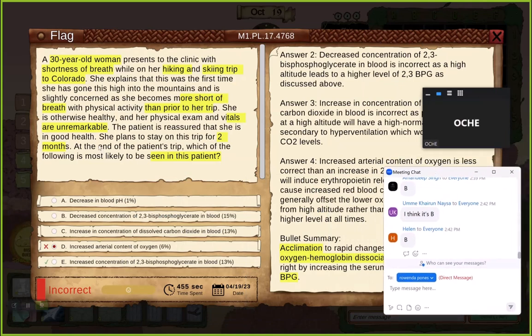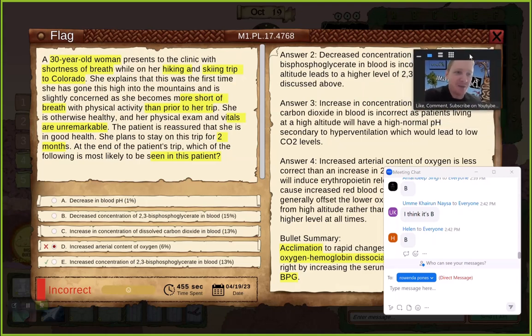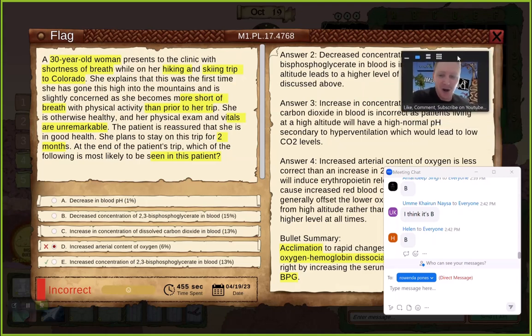Yeah, and look, we get people from all over the world, and I don't know if English is your first language or not. Sometimes people have difficulty with that. It sounds like your English is really strong, but this sentence is difficult because it's not even about English, really. It's about what you interpret the end of a patient's trip to mean.